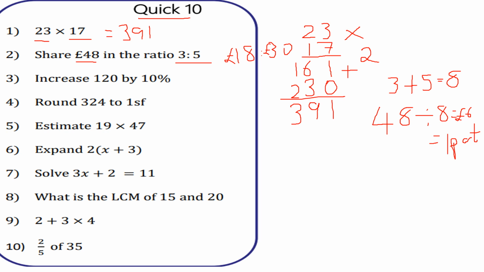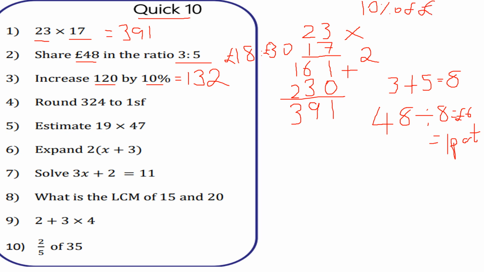Question number 3. Increase 120 by 10%. So I'm going to work out what 10% of 120 is. That'll be 12. Add that on to 120 and I get 132. 10% of any quantity means divide it by 10. So 10% of 120 here, just to be clear, is 120.